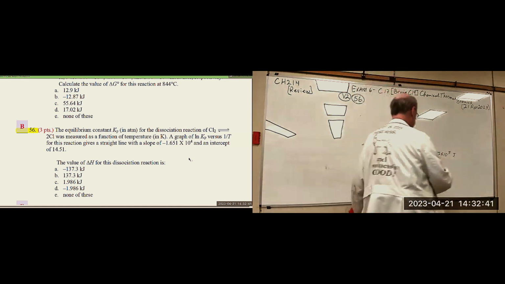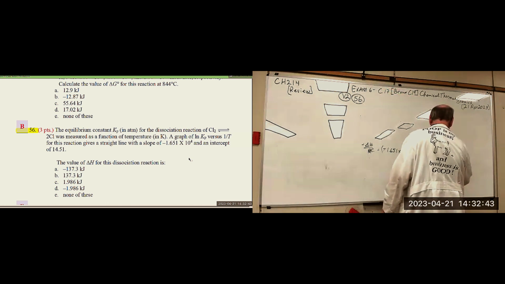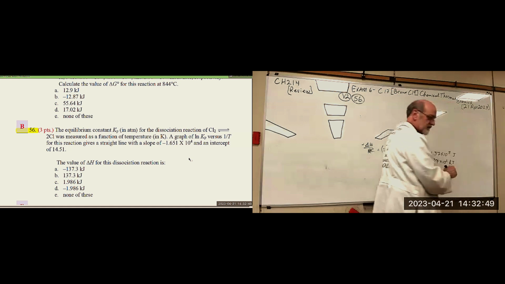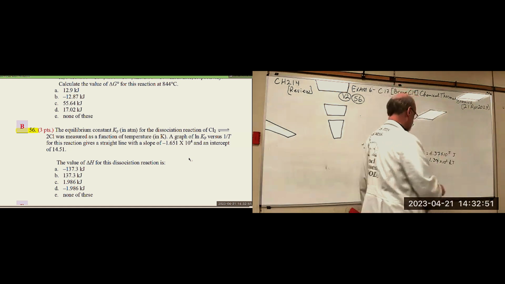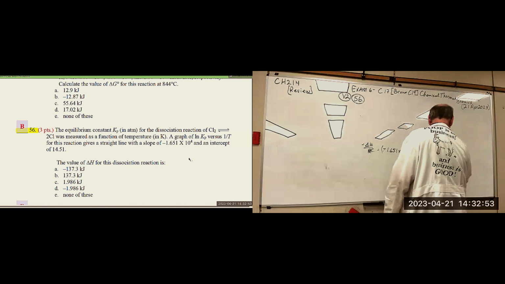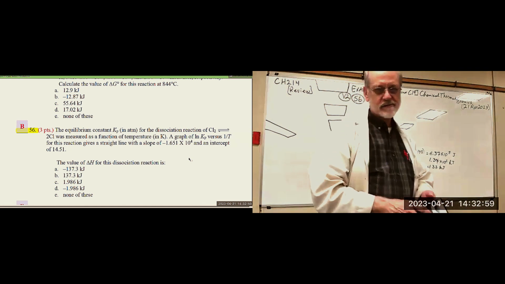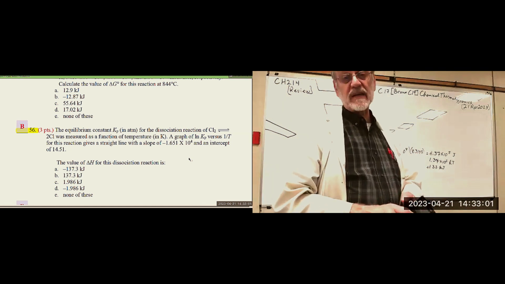Of course. So 1.37 times 10 squared kilojoules, 137 kilojoules. So the best answer there is B.